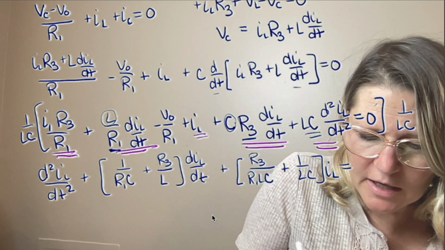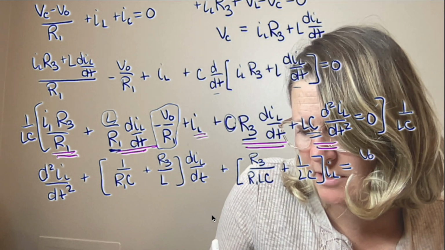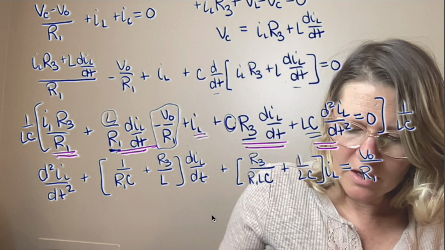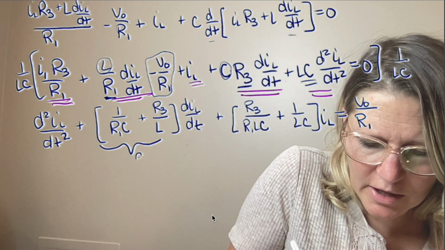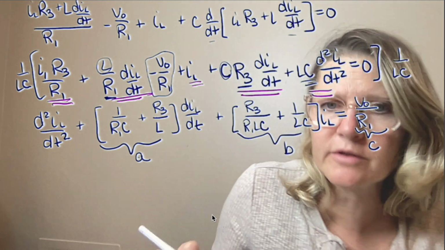Then I can take the constant over to the other side, so I have a V naught over R1. Now this term I could call A, this term I can call B, and this term I'm going to just call C.